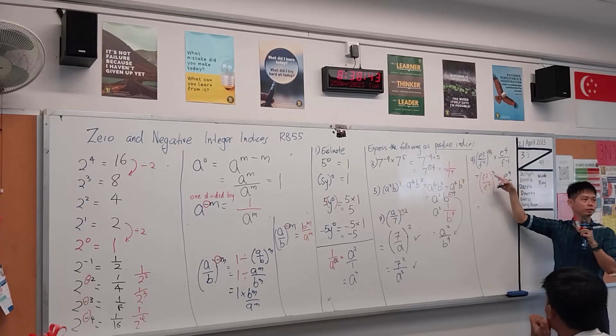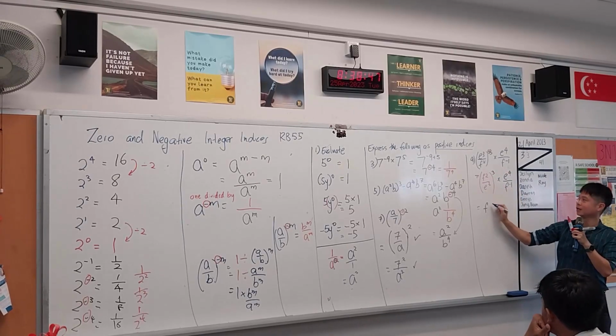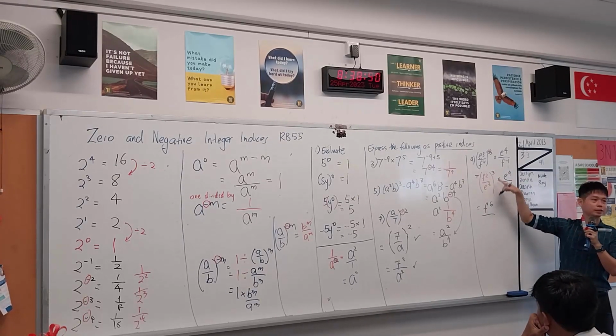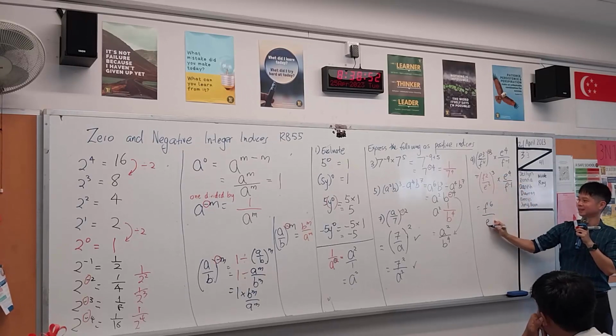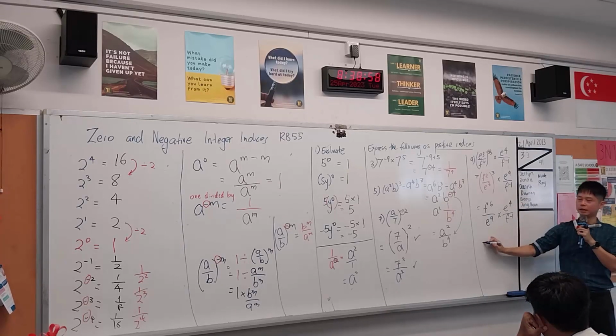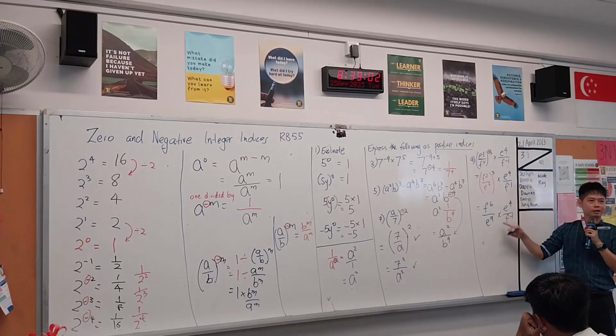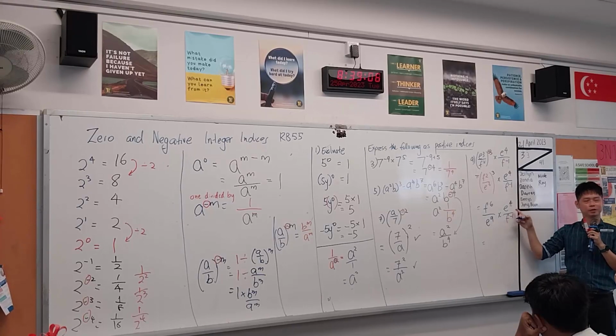Okay, use the power law, 5 or 6? 6. 6 or 9? Okay, again, use the first two laws of indices. Okay, look at this. This is a bit unfamiliar to you.